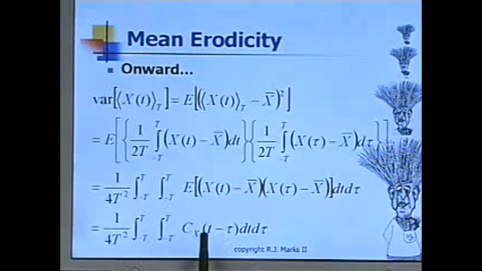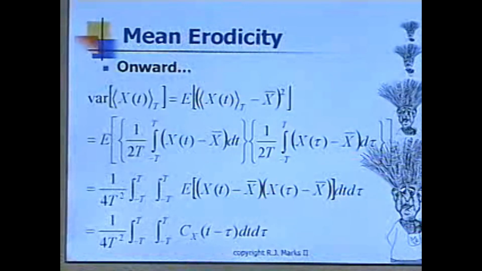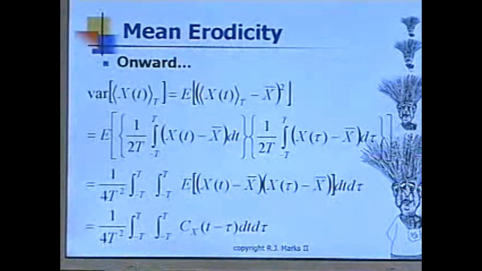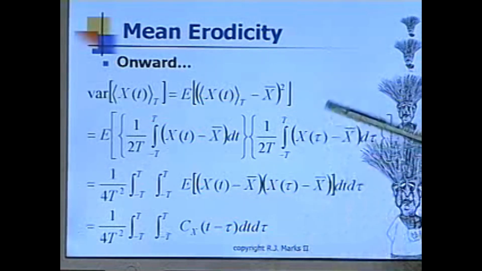Now, the reason I can use t minus tau is because I've assumed that the underlying process is wide-sense stationary. In general, it would be t colon tau. It almost sounds like colon pow. T colon tau, except because it's wide-sense stationary, it's t colon t minus tau.